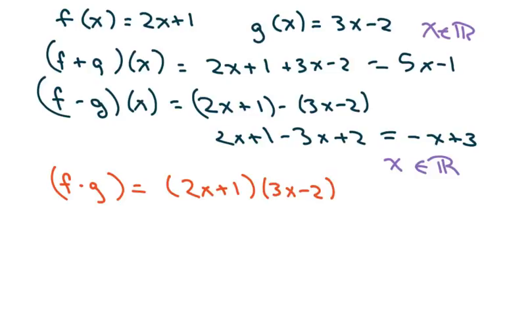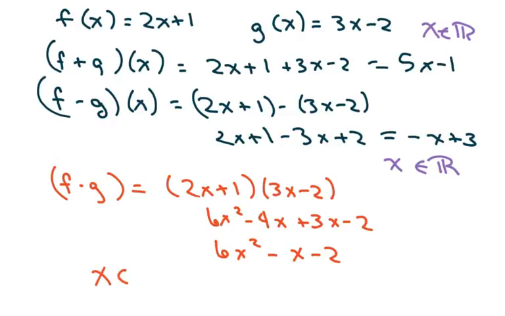And foiling that out, you're going to get 6x squared minus 4x plus 3x minus 2. And simplifying, there's no fractions here or anything, so our domain is all real numbers.